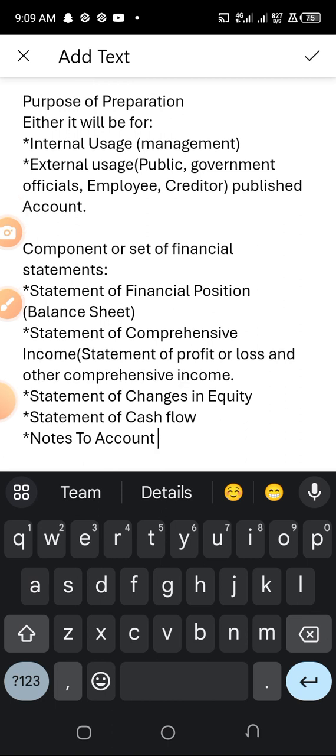While the first four are major in figures, the notes to the account are major in words. That is, you are writing. You understand?